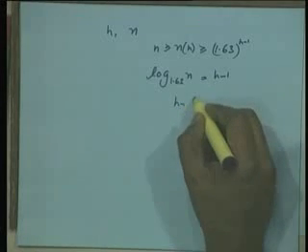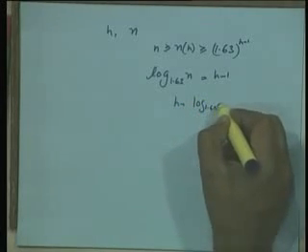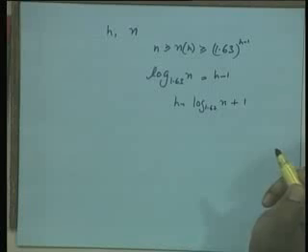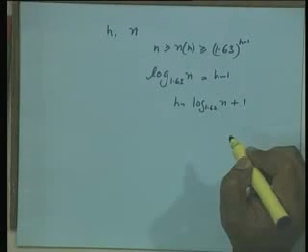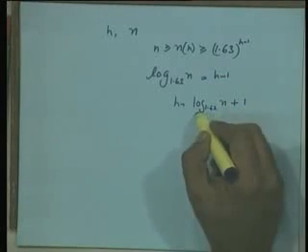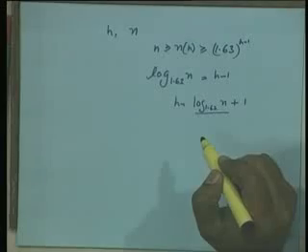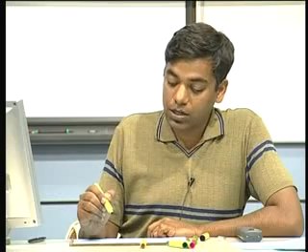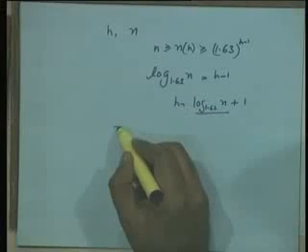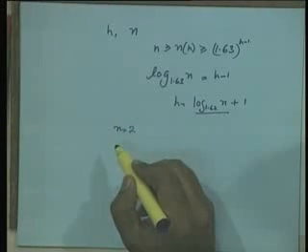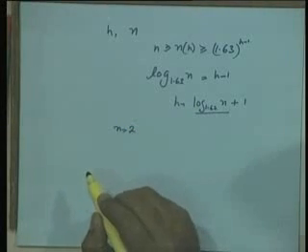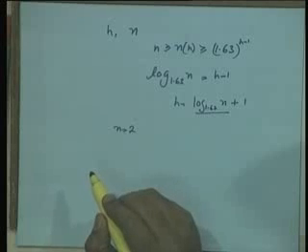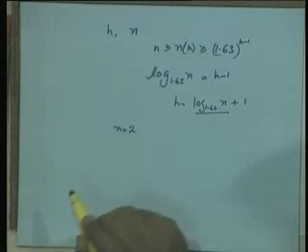This implies h equals log base 1.63 of n plus 1, which is okay. So we have been able to prove this kind of a sharper bound. This equation does not work for n equals 2? It does? Okay, great. It also works for n equals 2. So that was our base case.